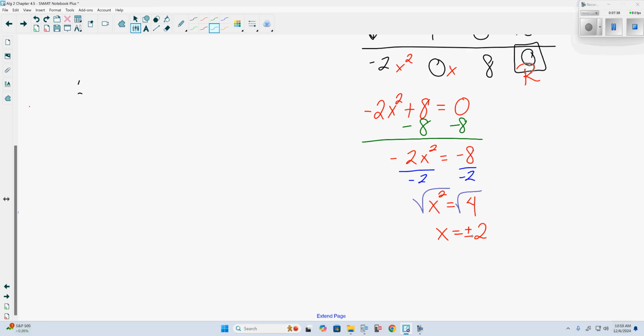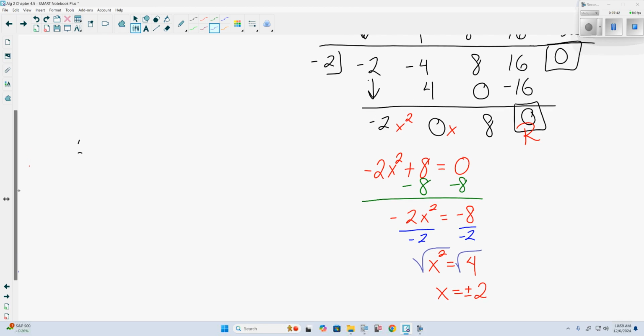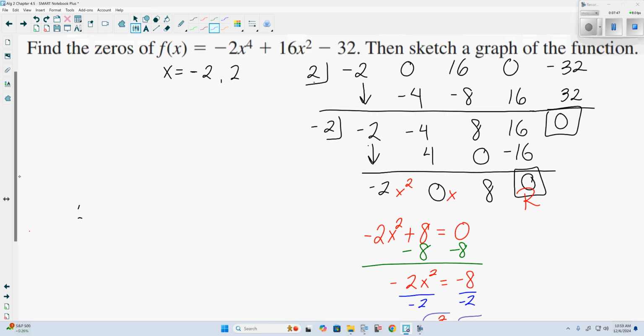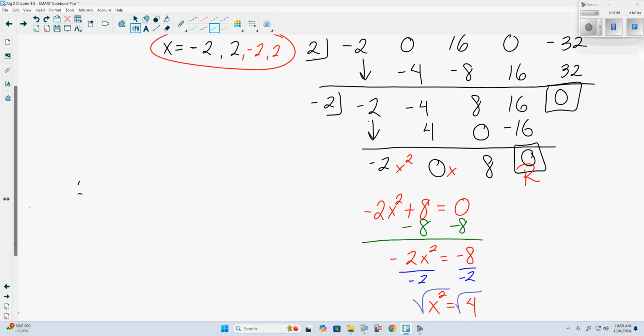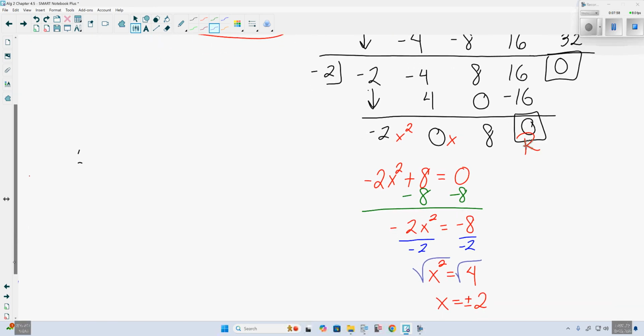So it's telling us 2 of our other solutions are 2 and negative 2. Which really means our solutions are negative 2, 2, negative 2, and 2. We actually have 2 and negative 2 twice. And those are the 4 solutions for this here.